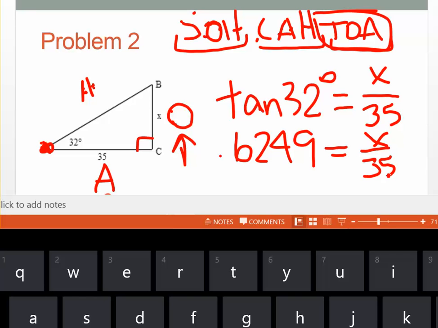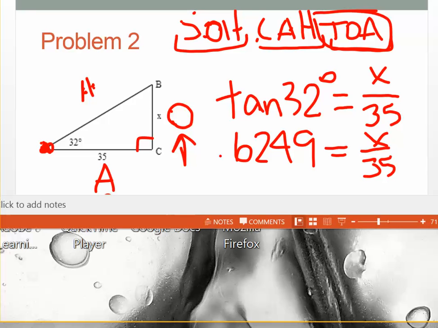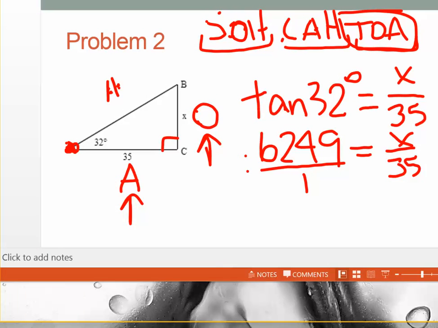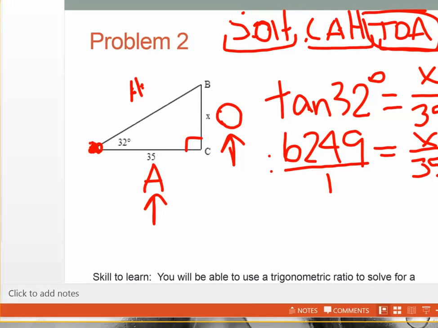You can just multiply both sides by 35, or you can go ahead and show this as a fraction by writing 0.6249 over 1, and then you can cross multiply.